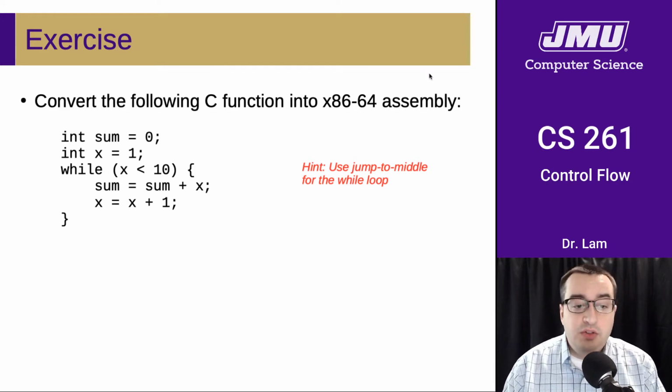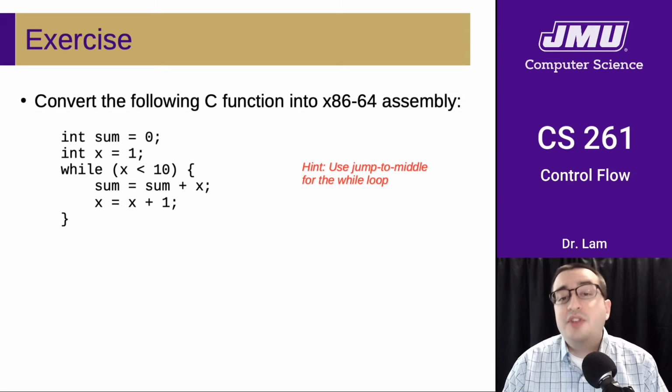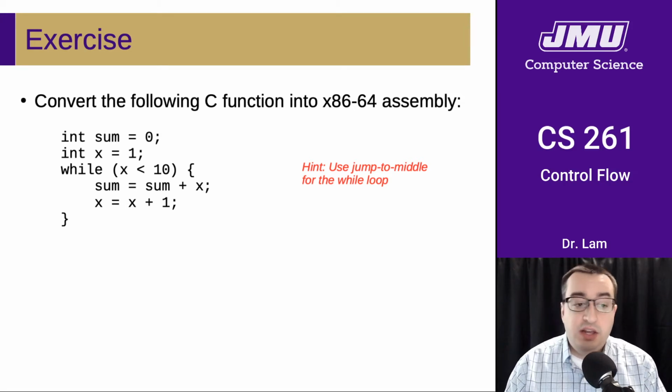So the hint here is use jump to middle for the while loop. But before we get to the while loop, we should go ahead and translate these first two, right? So let's just pick two arbitrary registers. We'll store sum in one register, and we'll store x in another register. And so we'll start with two instructions that set those registers to their initial values, 0 and 1.